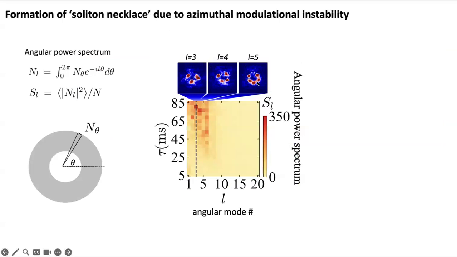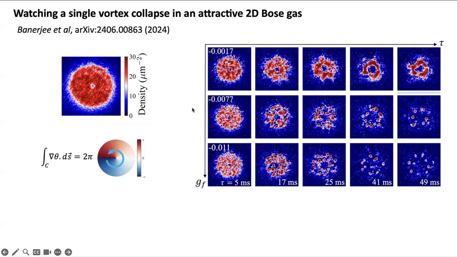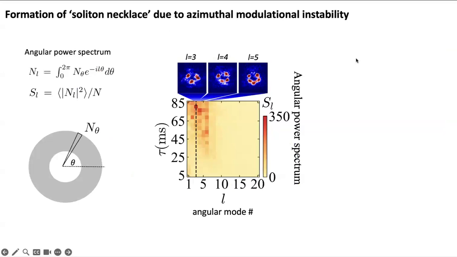And if we continue to hold this gas for even longer times, all the way up to 85 milliseconds, what's shown here is just up to 50 milliseconds, they start to break up into a circular array of small solitons. Sometimes you see 3, sometimes 4, sometimes 5, roughly spaced by 360 degrees divided by L, where L is the angular number.